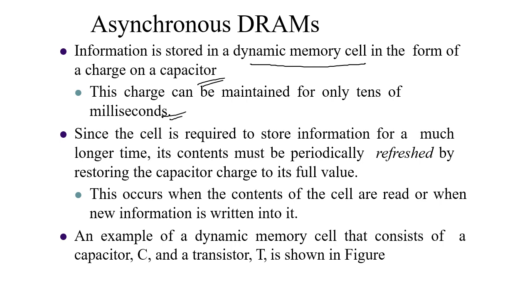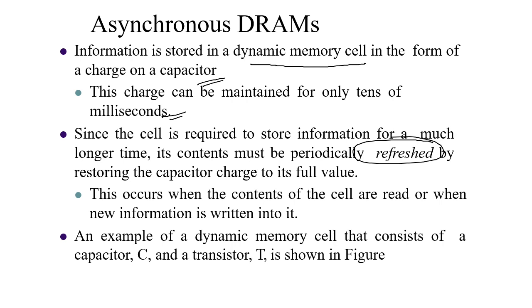Because of which we need a refresh circuit that periodically refreshes and restores the capacitor charge to its full value. So the charge that is stored in the capacitor gets degraded, and that has to be refreshed or recharged before the content is lost.